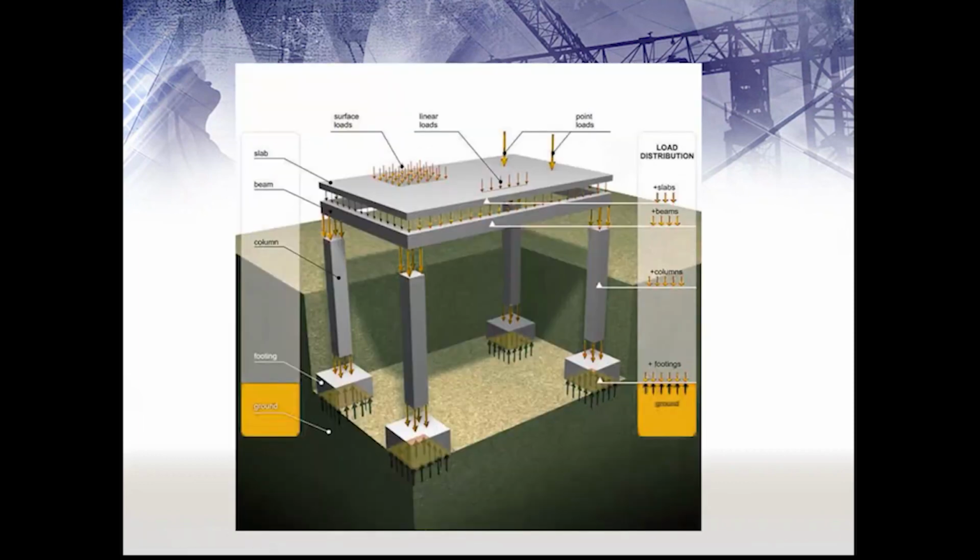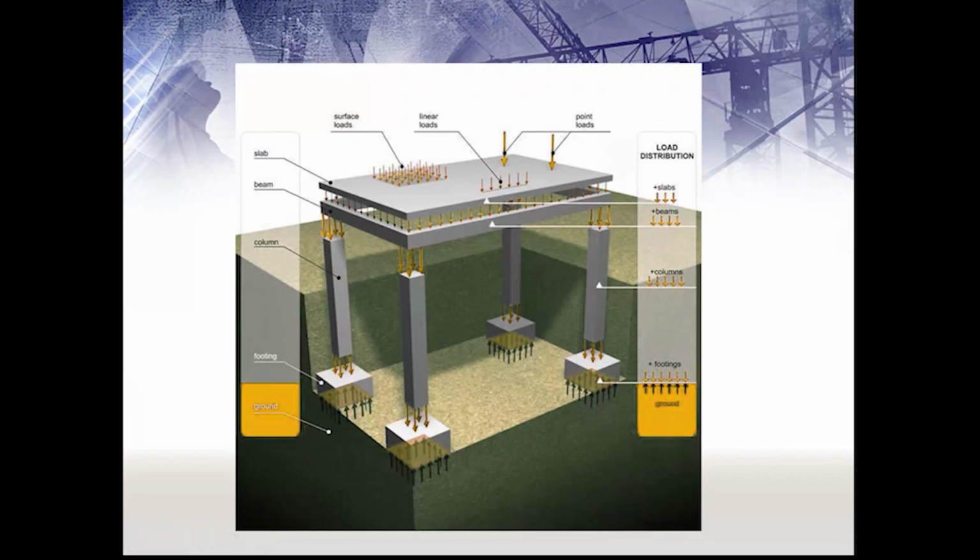This is also one of the pictures that explains how the load is transferred from a surface to the foundation. First of all, the load is applied on the surface, and if the surface is supported by a beam, this surface load will be converted into a linear or distributed load. It can also be a concentrated load. This load will be transferred first to the beam, and the beam will carry the load.